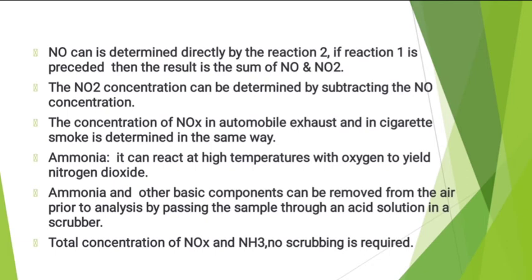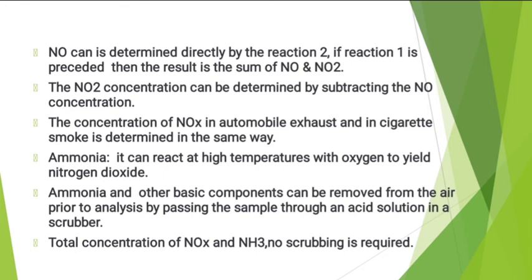The NO2 concentration can be determined by subtracting the NO concentration. Means initially we have the NO concentration, and when we follow reaction number 1, we cannot get directly the concentration of NO2. That's why we initially find out the concentration of NO, and reaction 1 gives the sum of NO and NO2.